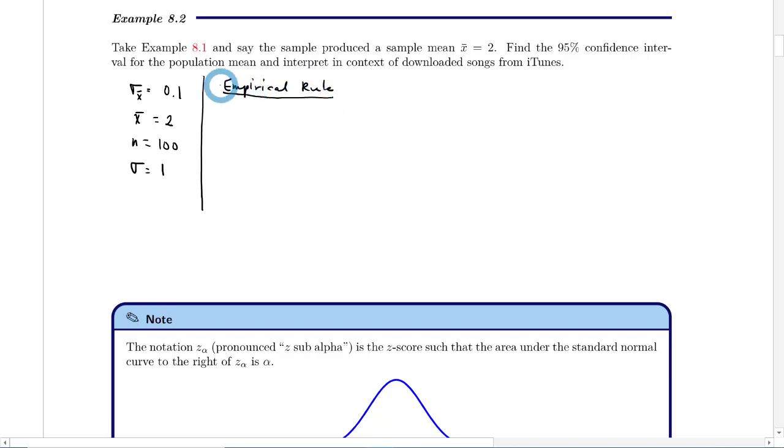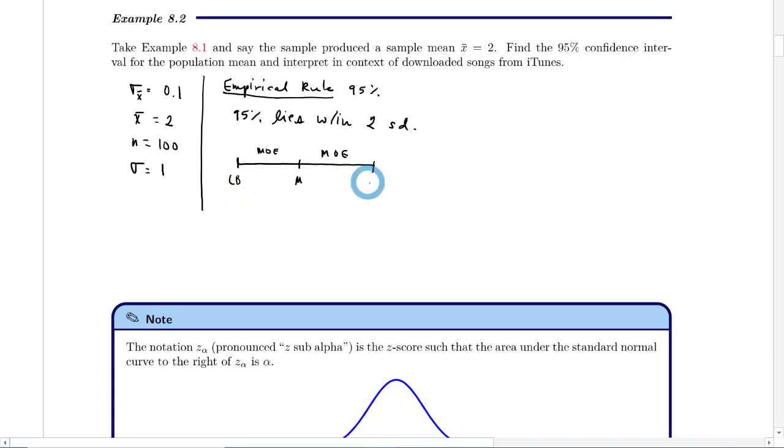So the empirical rule, remember, for 95% said that 95% of our data lies within how many standard deviations? 2 standard deviations, right? So that means that we could say, let me draw a line. Here's the population mean. And again, we don't have the population mean. We only have a sample mean, right? We saw that it was 2. So this means that you have this margin of error on each side, right?